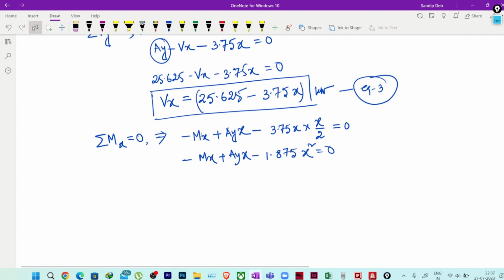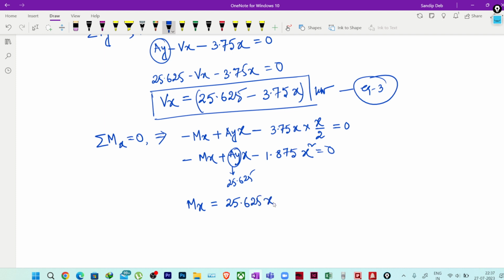Now if I just find out, I can replace Ay with 25.625. So I can write Mx equal to, taking everything to that side, 25.625 x plus 1.875 x square. See this negative, when this goes to this side, it will be negative, and this will also be, let me see, this is negative.